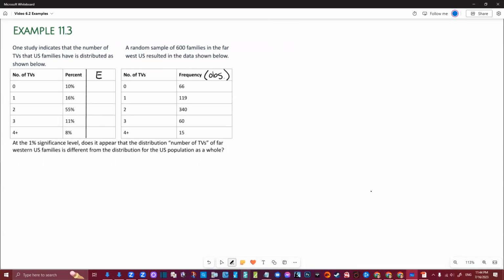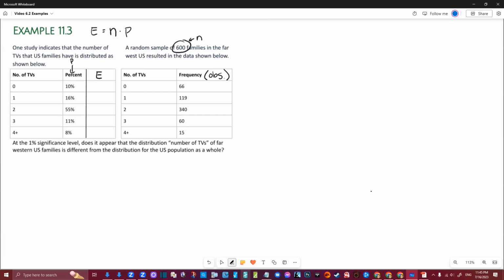And when we have a distribution that's not uniform, when it's not equally likely to be in each category, remember that those expected values are n times p, where n is the sample size. We sampled 600 families, and p is that probability for each category.